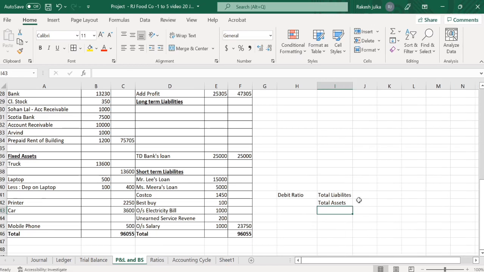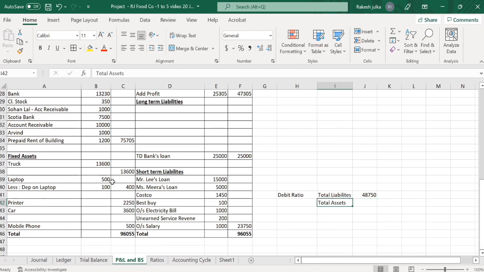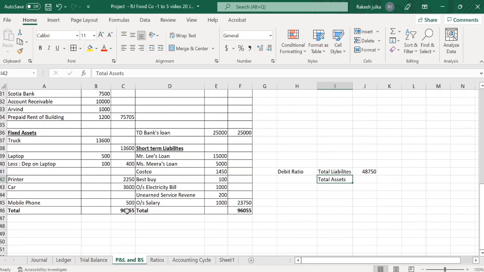So the total liability we have here is equal to sign, then the long-term liability plus the short-term liability that we have here, 23,750. This is 48,750. Divide by total assets. Total assets means whether this is current assets, fixed assets, everything, the total of all the asset side.